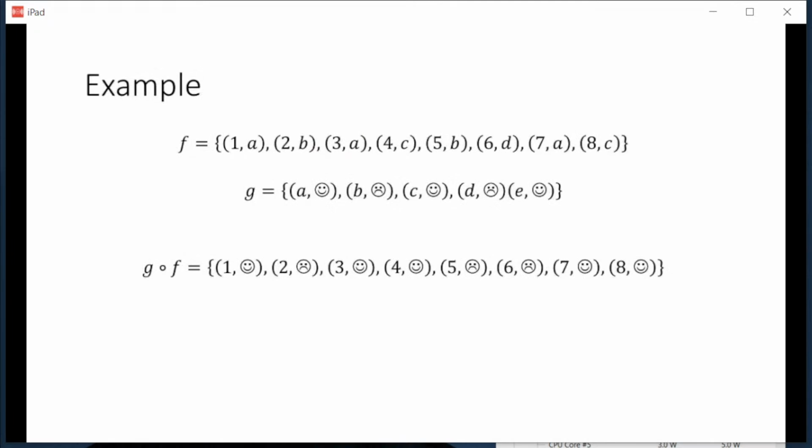You can think of these as being relations. 1 is related to A, 2 is related to B, 3 is related to A, and so on. Actually these are functions, but relations are generalizations of functions. But anyway, that's like a relation. And then function g is A is related to smiley face, B is related to frowny face, and so on.